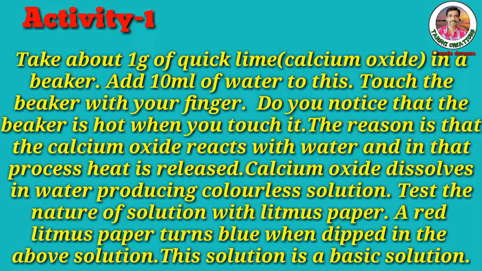The reason is that calcium oxide reacts with water, and in that process heat is released. Calcium oxide dissolves in water, producing a colorless solution. Then test the nature of the solution with litmus paper. A red litmus paper turns blue when dipped in the above solution. So this solution is a basic solution.